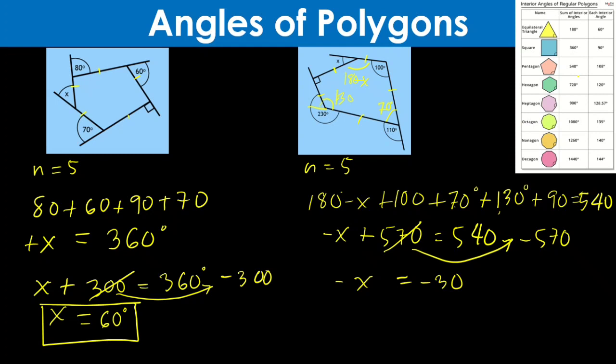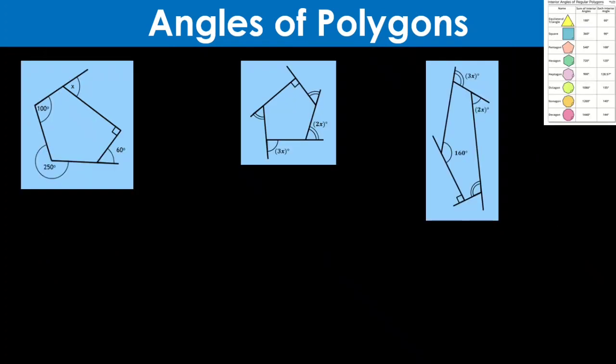And we divide both sides by negative, or multiply both sides by negative 1. So this is now positive x, and this is positive 30. So our x is actually, this is an angle because it's alone here as x. X is 30 degrees.